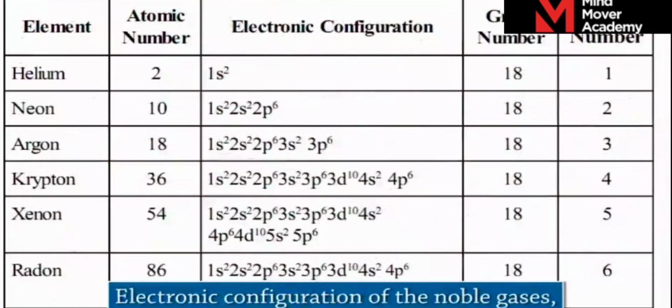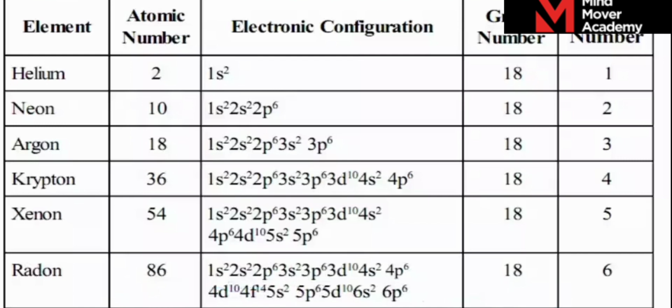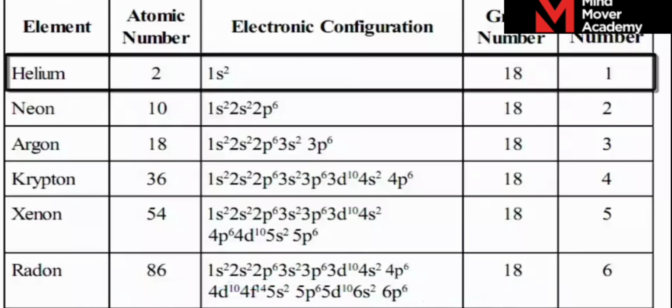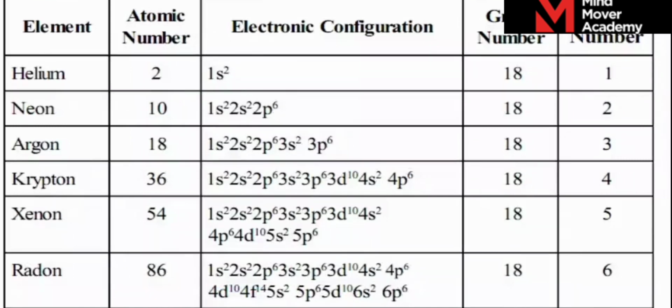We can understand the formation of a chemical bond by studying the electronic configuration of noble gases, which normally do not form any chemical compounds. The noble gas atoms, except those of He, have 8 electrons in their valence shell.